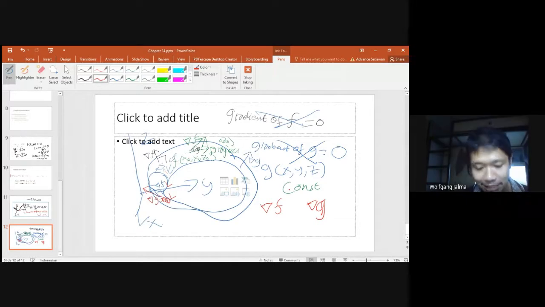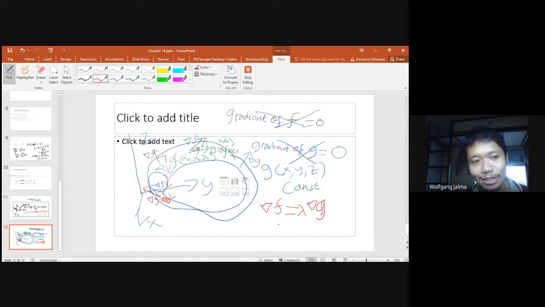Being in the same direction is basically the same, and because both these things are vectors, when we say they are in the same direction, it means that one is a multiple of the other.